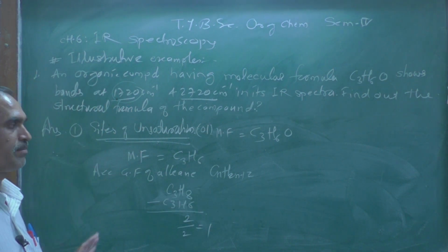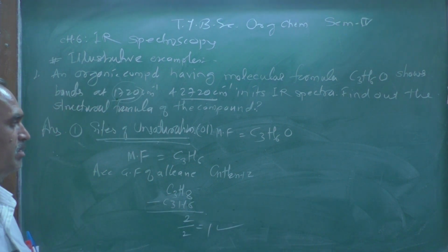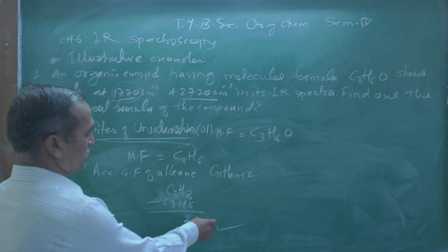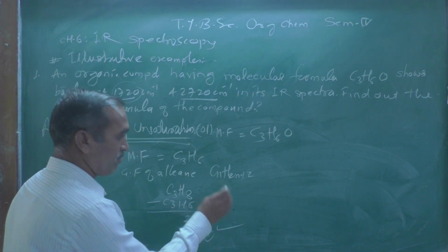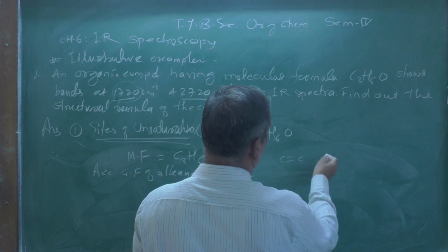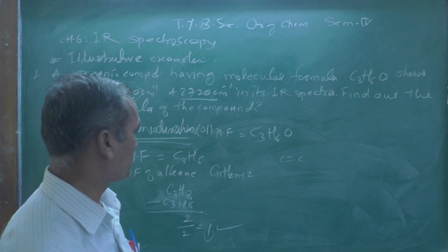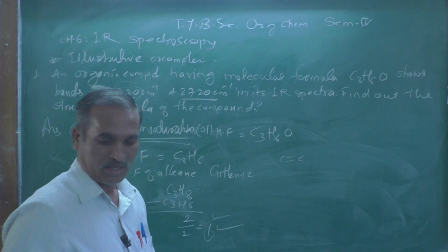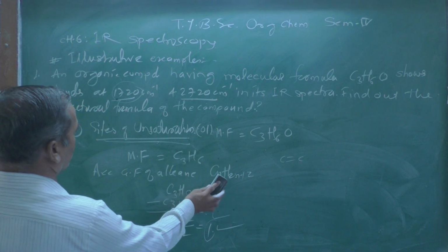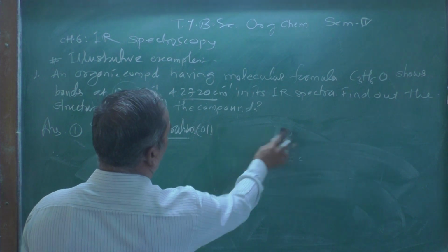So in this way you can calculate the site of unsaturation of the organic compound. Understood this one? Site of unsaturation 1 means, as I just told you, it may be a carbon-carbon double bond, a carbon-oxygen double bond, or a ring, and this is a very important point. We have calculated the site of unsaturation, and we have got 1.